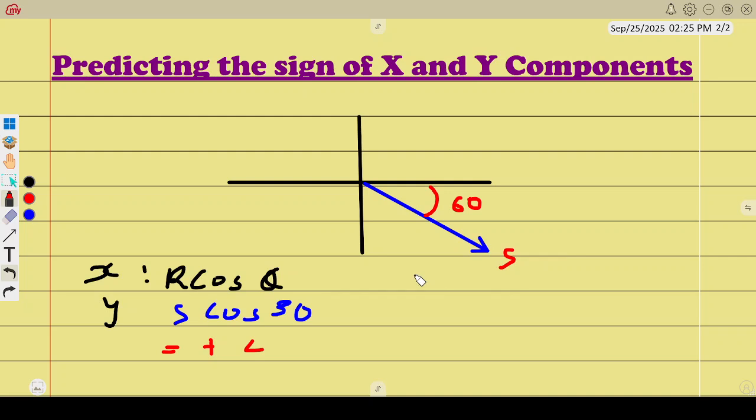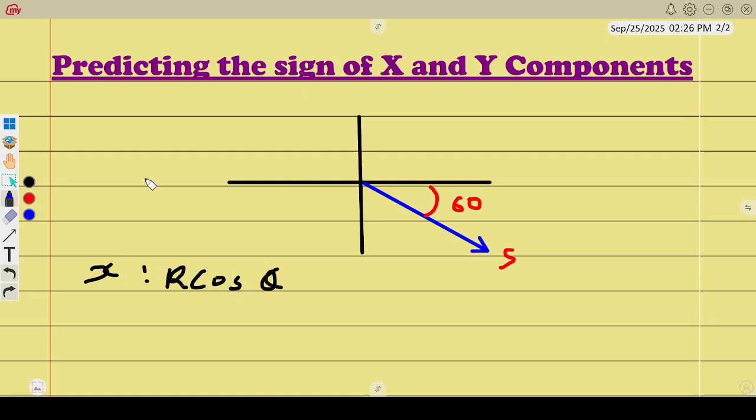If you want to find the x component for such a vector, you can see it is going to the right, so the x component will be positive. But for the y component, the vector is going downwards, meaning the y component will be negative. So even as you are solving, you already know how the answer will look. This will be very helpful in case you make any mistake.